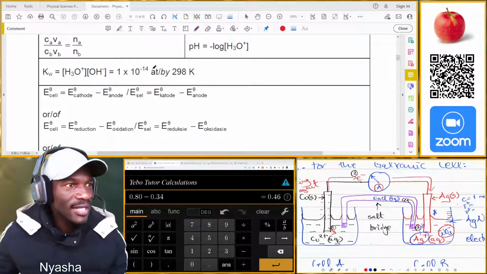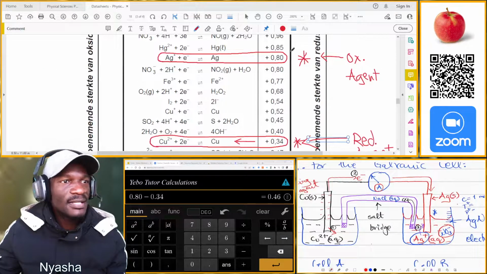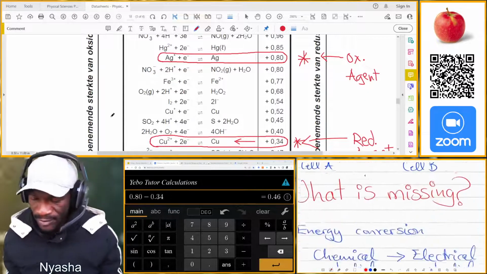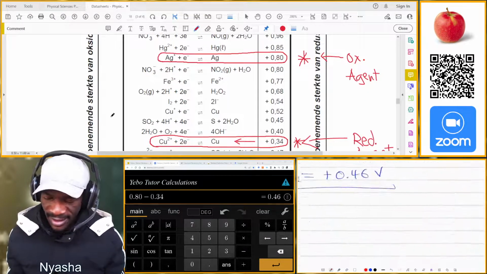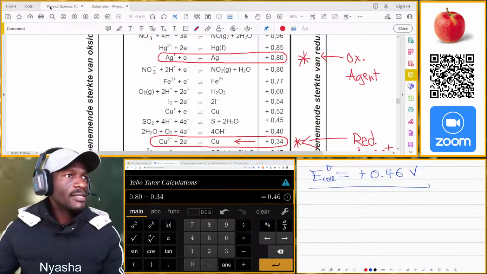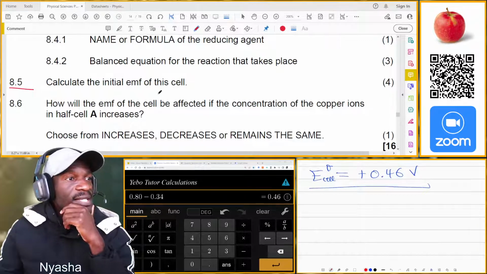So once again, you would then find that your silver potential is 0.8, and you subtract the cathode potential, which is the copper potential. Right, so I think that has come to an end as far as that part of the question is concerned. So that's the initial EMF of the cell.